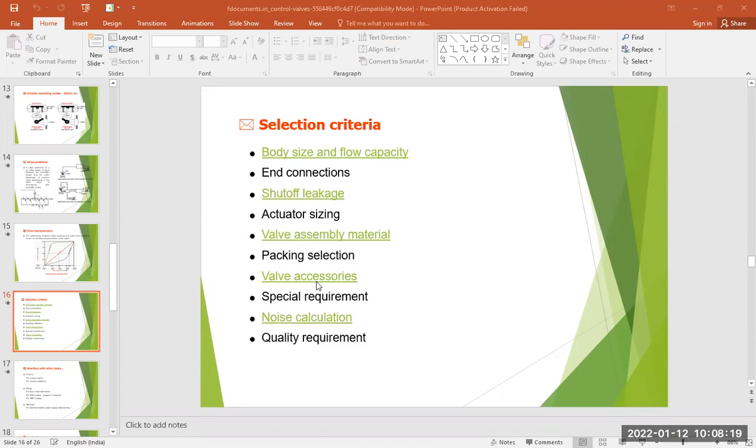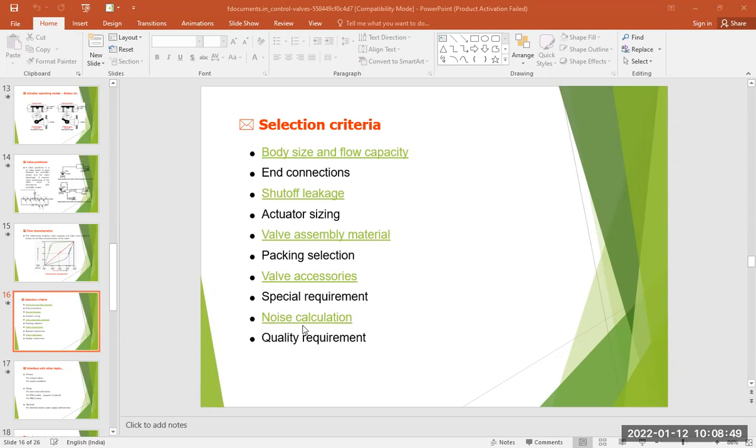Then we also have to control the special requirements of the devices. We have to use a special requirement. Then noise calculation. This is another big advantage or disadvantage in the corresponding application of the valve. So when you use different types of control valve, you have to follow the noise calculations also.